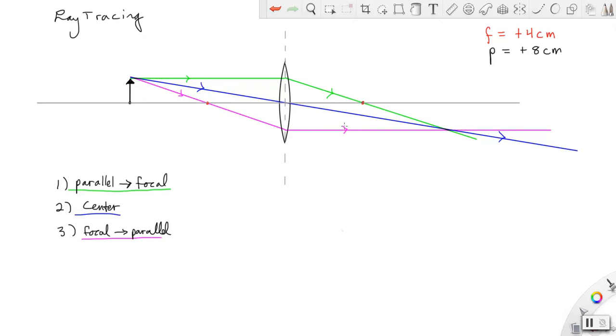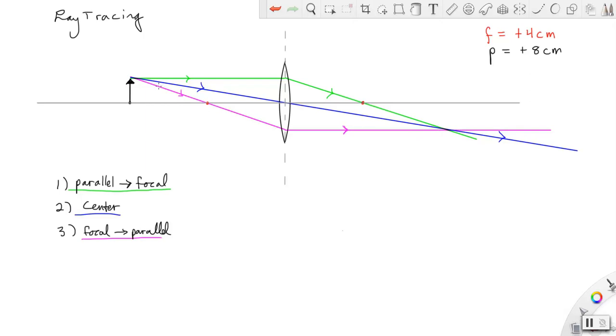Now, these aren't the only rays that are going through the lens, but they sure are three easy ways to figure out the trajectory of them. So you can see that they all meet at the same point. It won't always meet exactly at the same point.